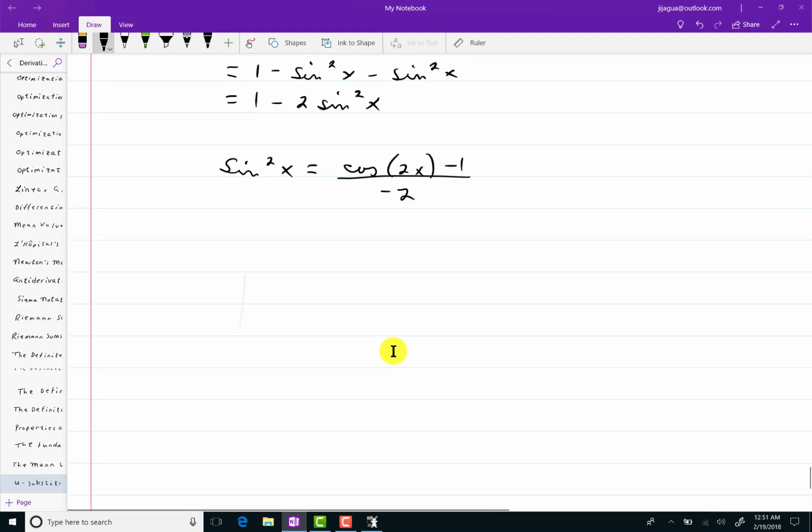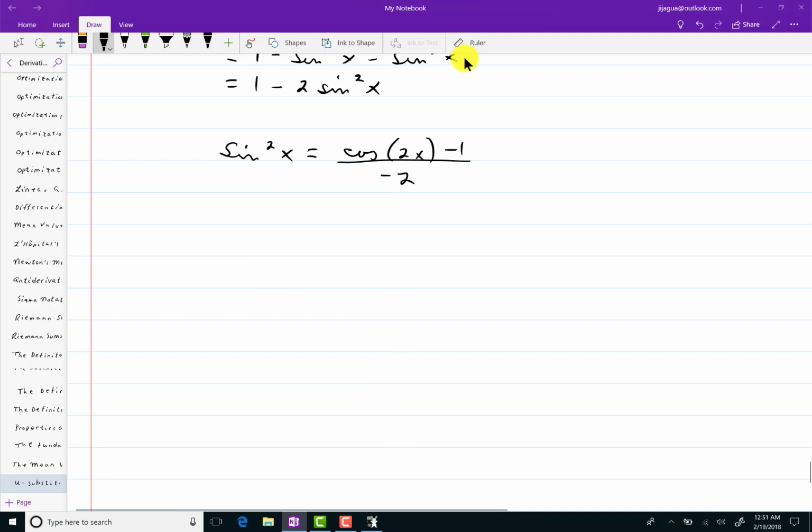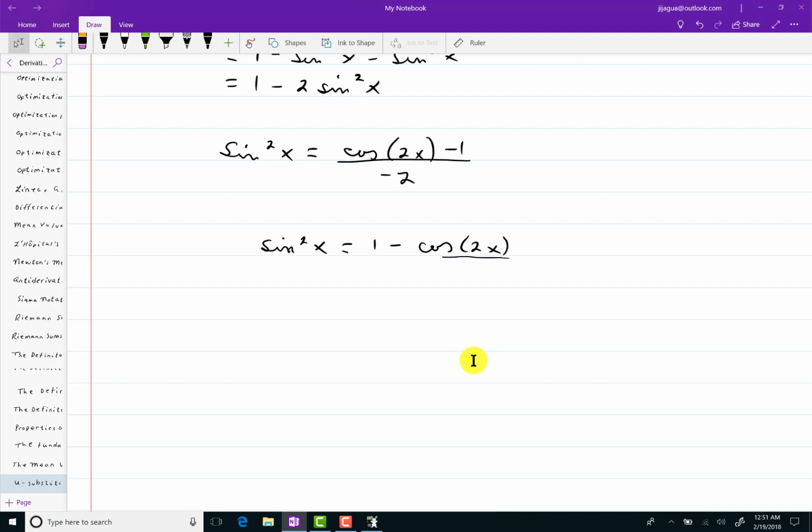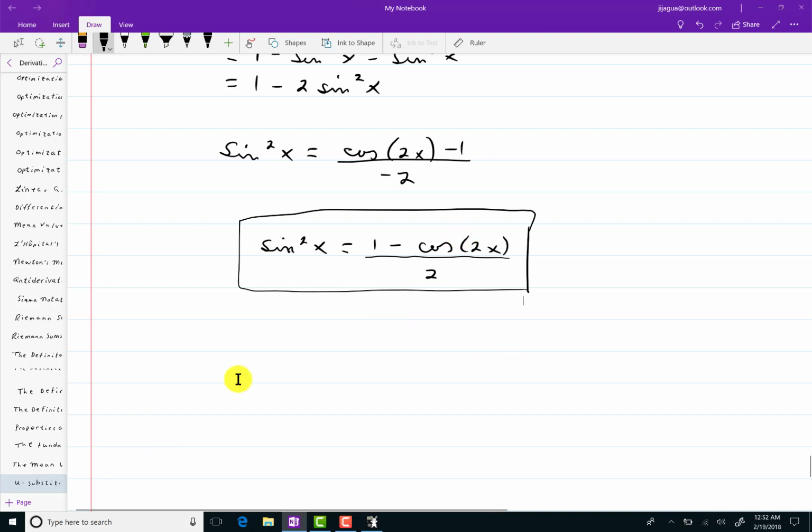A little simplifying gives me the following identity. Multiply through by the negative in the denominator, and I'll get (1 minus cosine of 2x) over 2. So there's the one where you can take sine squared and use this identity, and then you've got one for cosine squared.